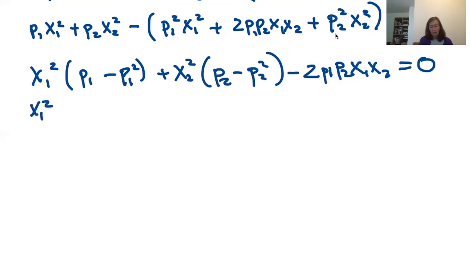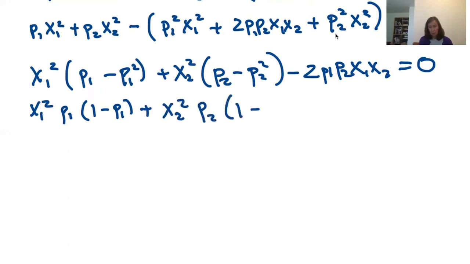I'm noticing I can factor out a p1, so I'm going to do that. x1 squared times p1, left with 1 minus p1. And I'm going to do the same thing with the x2 squared term: times p2 times 1 minus p2. This other term, nothing I can do with it except just bring it along every time.